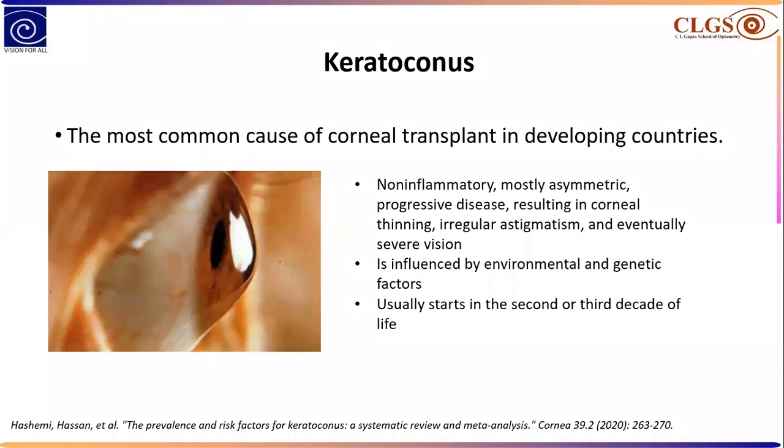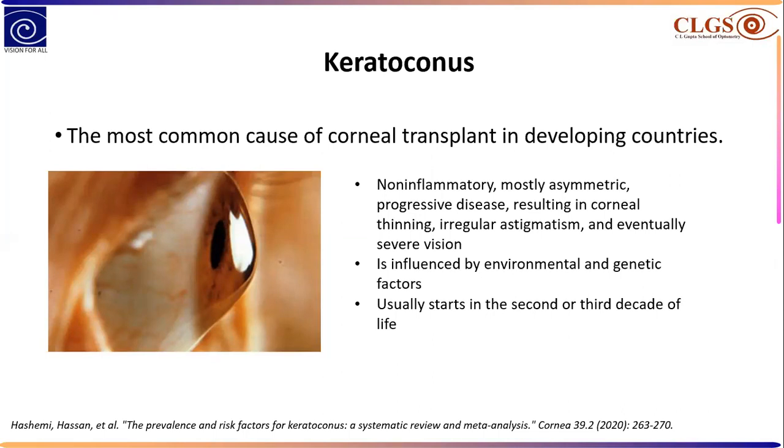It is one of the commonest reasons people go for corneal transplant in the developing countries. That might not be true for India, but for developed countries like the USA, European countries, Australia, UK, all those places. So what is keratoconus?